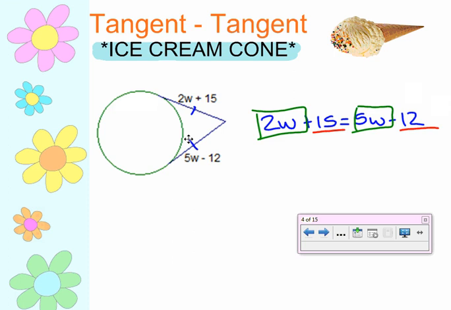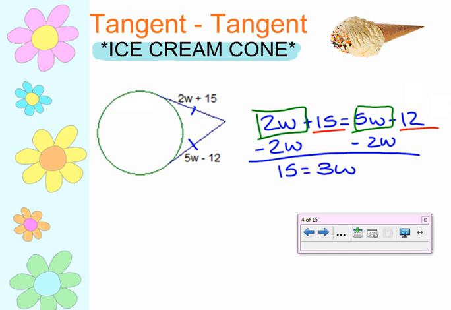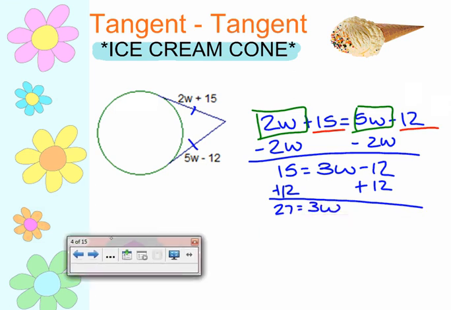So I'm going to subtract my 2w to the other side. So I get 15 equals 3w minus 12. Then I'm going to add the 12 to the other side. So I get 27 equals 3w. Divide by my 3, because again, I want my w by itself. So w equals 9.